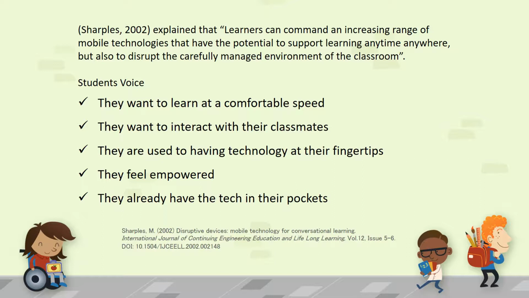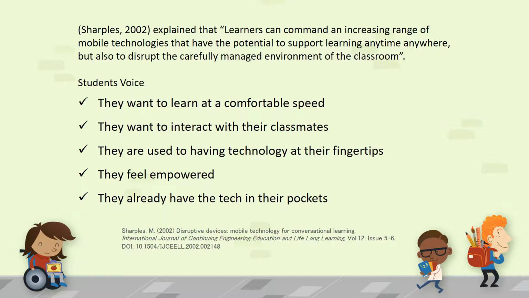So, Sharples asked the students, and the students said, well, they want to learn at a comfortable speed. They want to interact with their classmates. They're used to having technology at their fingertips, and they feel empowered, and they already have the tech in their pockets. So if that's the case, we have no problem. The students are already familiar with the technology.